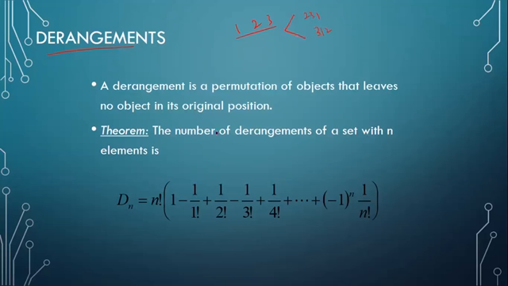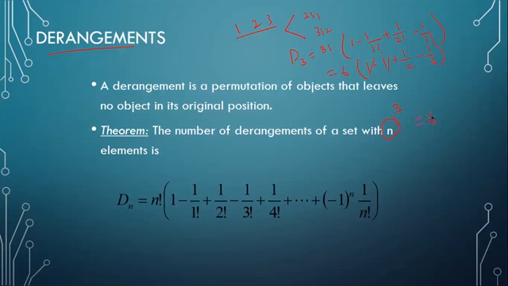Let's apply it on these numbers. So the number of derangements of a set with 3 elements will be D3 is equal to 3 factorial into (1 minus 1 by 1 factorial plus 1 by 2 factorial), and we continue till we get n factorial, so minus 1 by 3 factorial. 3 factorial gives you the value 6. 1 minus 1 by 1 factorial is 1, plus 1 by 2 factorial, 1 by 2, minus 1 by 6.